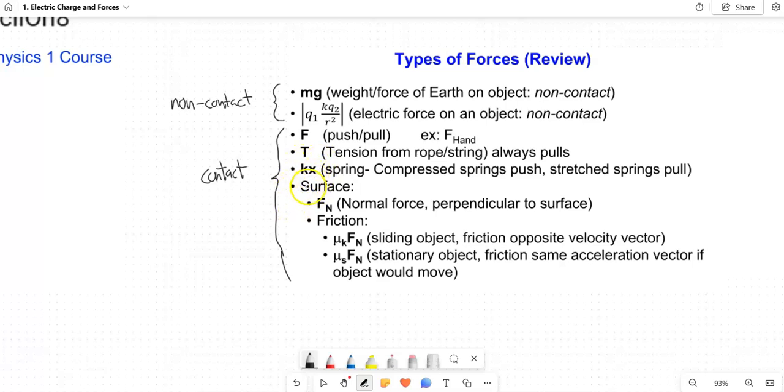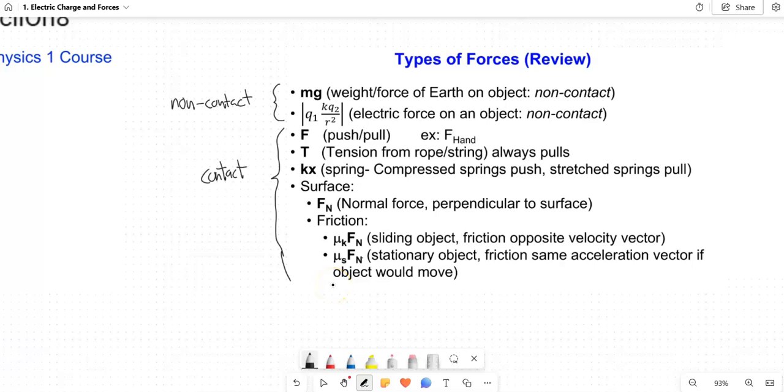And then finally you have a surface, which creates two different types of forces. It creates a normal force, which is perpendicular to the surface. And that's basically the surface holding up the object, right? But then you have a force that is parallel to the surface, which is called friction, okay? And that's mu sub k times the normal force if it's moving, or mu sub s times the normal force if it is not moving.